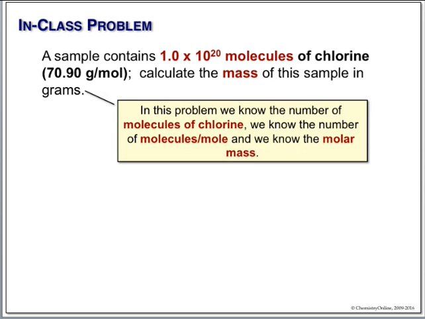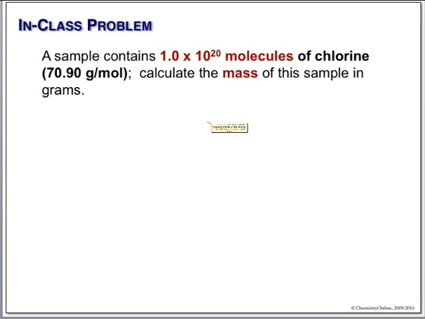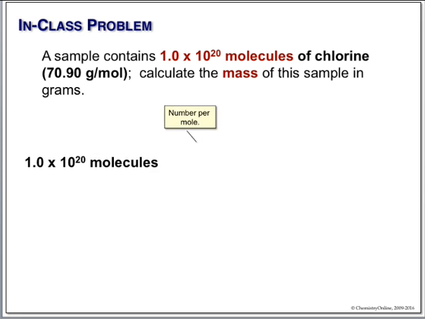Here's our logic. We know the number of molecules of chlorine. We know molecules per mole, and we know molar mass. So we're going to have to set up three ratios here. Our given is going to be the number of molecules. The number per mole, that's Avogadro's number.